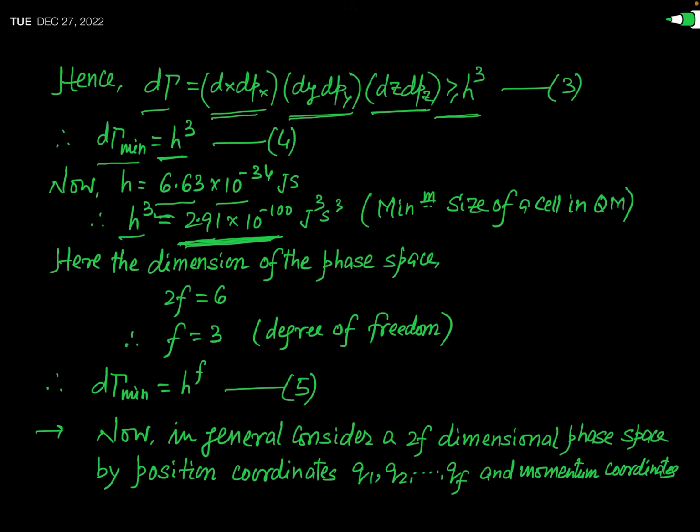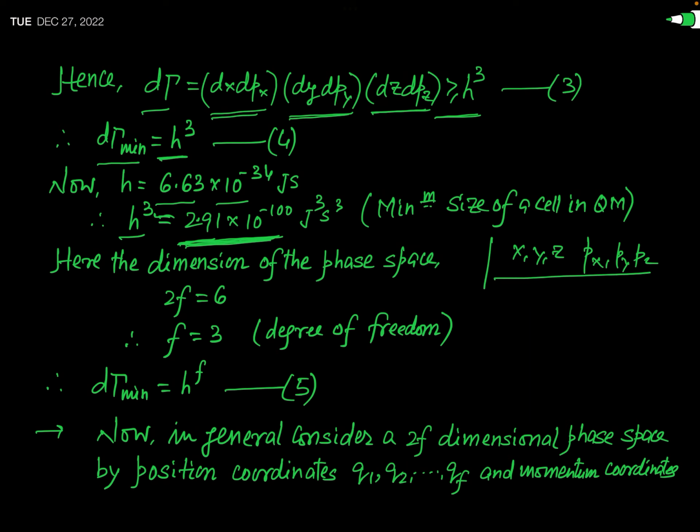Now, in the system under consideration, we have considered 3 position coordinates x, y, z, and 3 momentum coordinates px, py, pz to describe the system. The number of independent variables needed to describe a system is called the degree of freedom of the system.